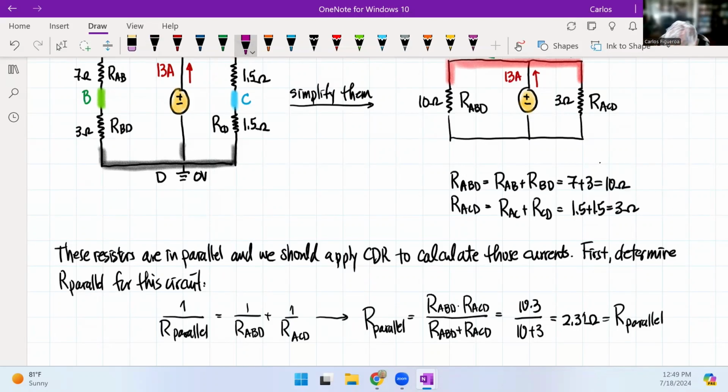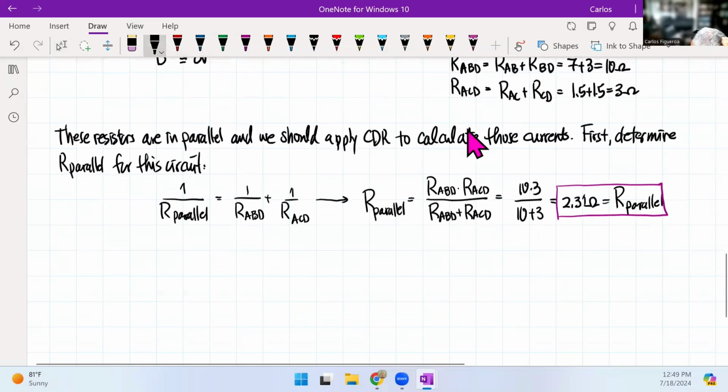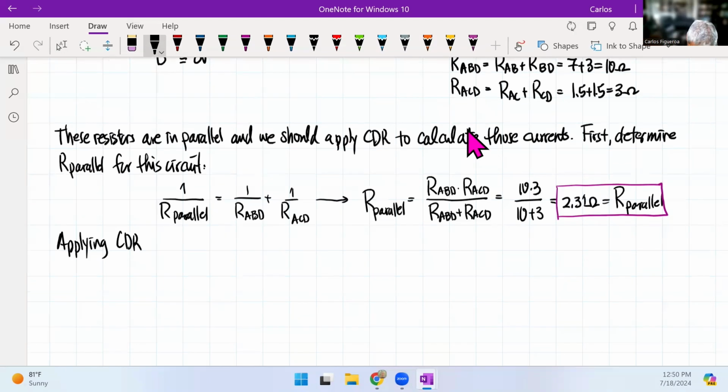Now we can apply the current divider rule. Applying CDR, the current of the left is equal to R parallel divided by RABD times 13 amps.